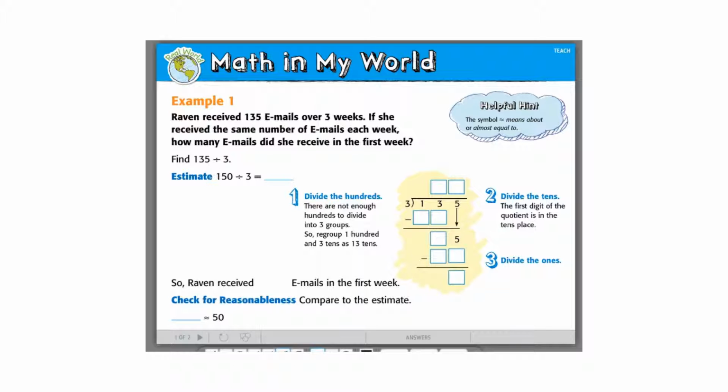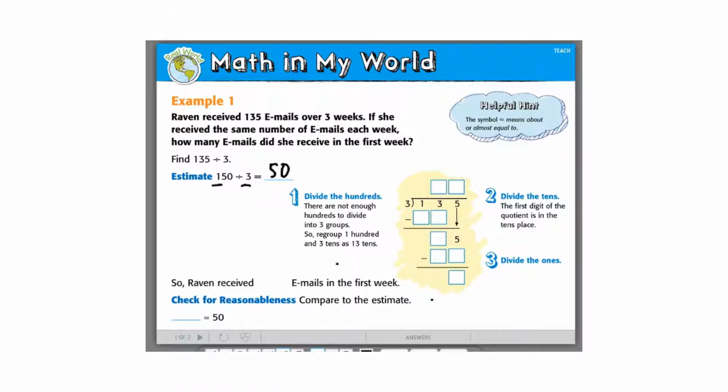So they're estimating the 135, they're rounding it up to 150 because 3 goes into 15. Remember, we're using some compatible numbers, so we can do that rounding in our head and estimating in our head. So 3 goes into 15 5 times, and then we'd add the 0 to the end. So our estimate's going to be somewhere around 50 is what our answer should be, right?